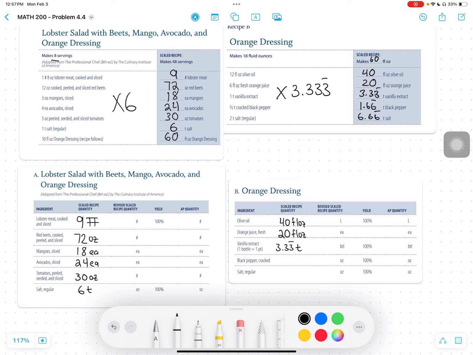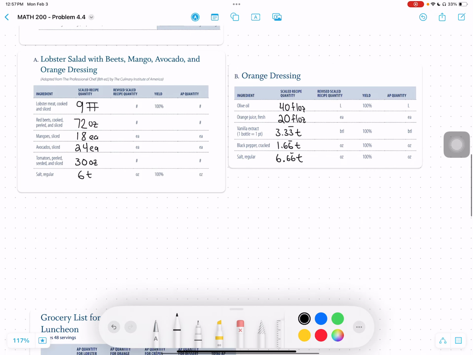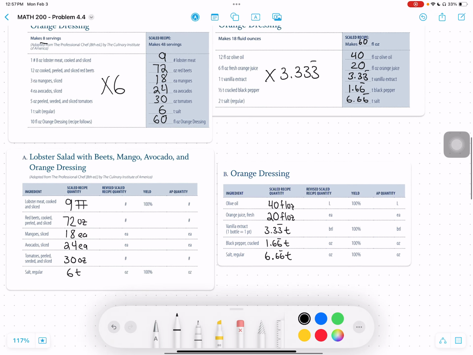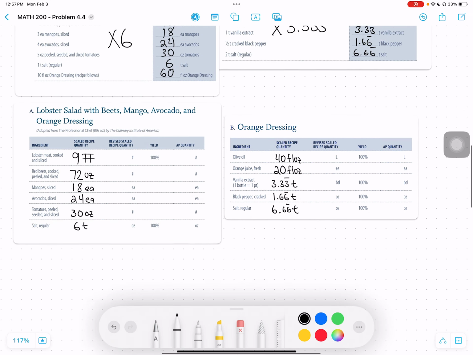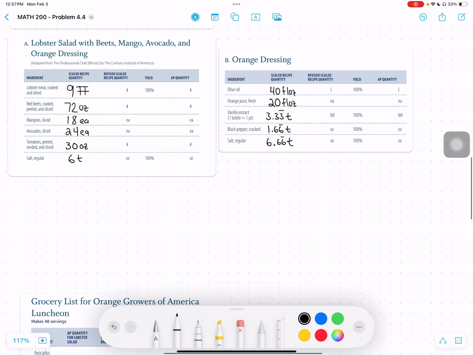Make sure that you're including all the units. 1.6 repeating teaspoons. And then 6.6 repeating teaspoons of salt. At this point, you don't have to do anything else for the first part of the problems, the scaling factor part. This is all we're going to be working with right now.